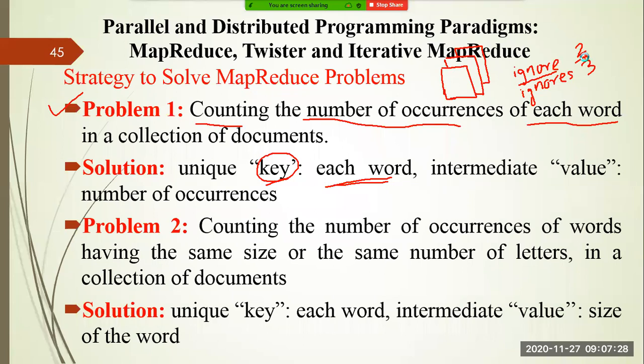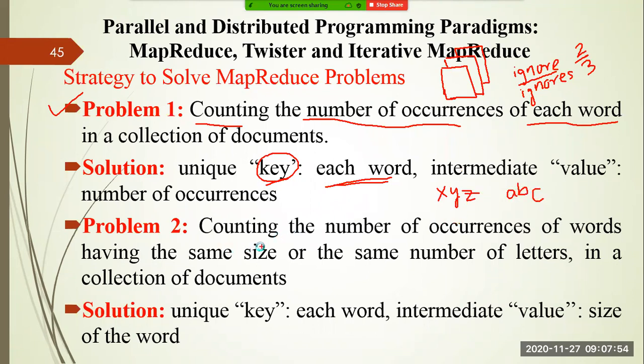Okay, come to the second one. The second problem is counting the number of occurrences of words having the same size, or the same number of letters, in a collection of documents. For example, somebody has written a word XYZ, you have written another word ABC, right?